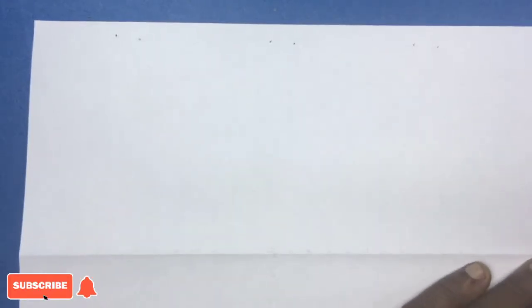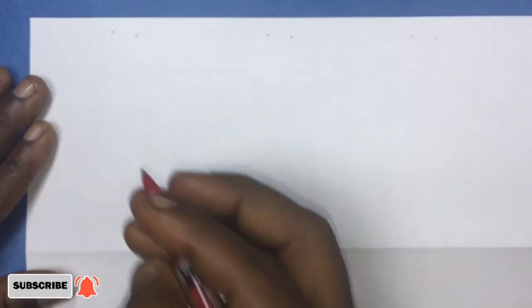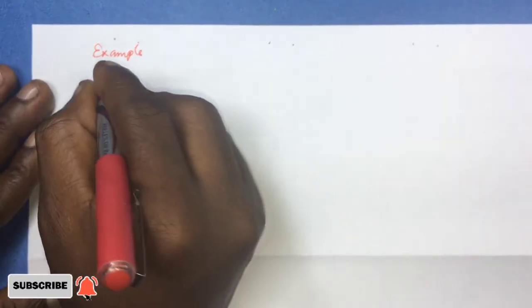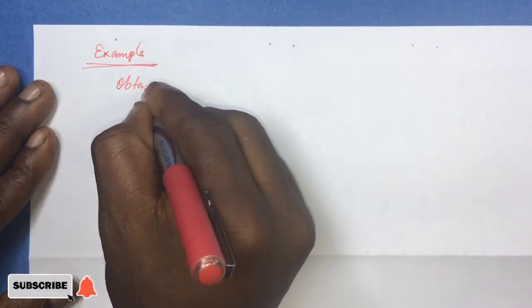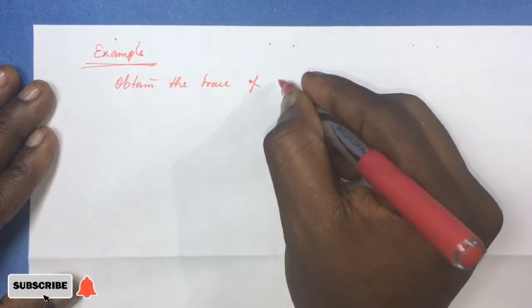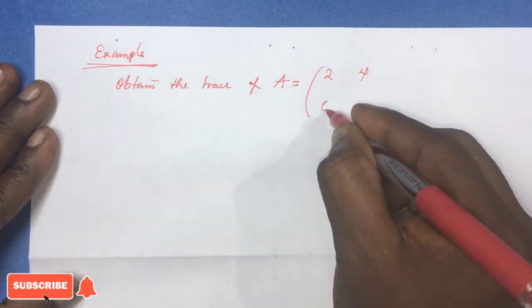Now, what about a case that is concrete? Let's take a concrete case. Let's assume that we are given, for example, to obtain the trace of the matrix A, that is A equals 2, 4, 6, 8.